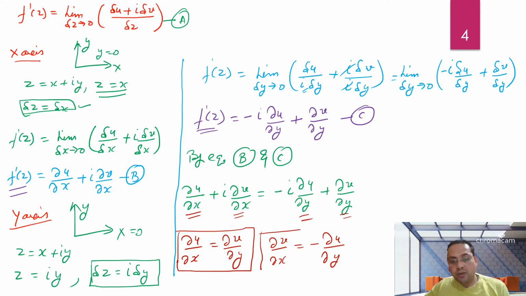In the CR equation definition, we consider this negative sign on the left side, but it is true whether we consider it on the right side or left side. So the CR equation is satisfied for the Cartesian coordinate.